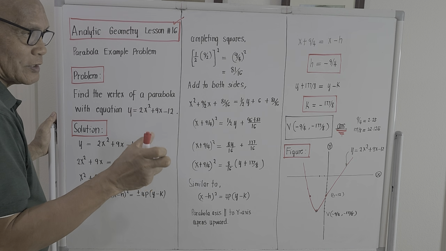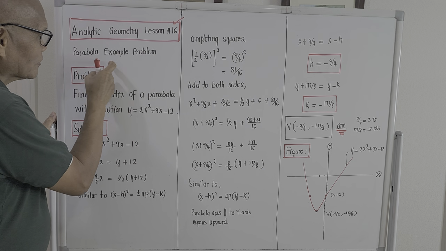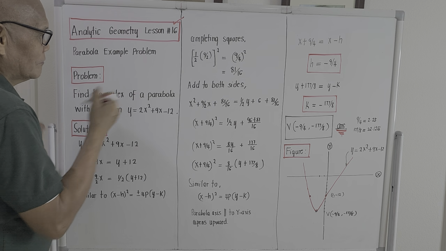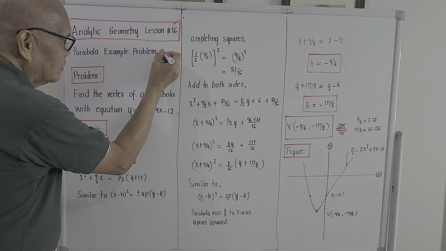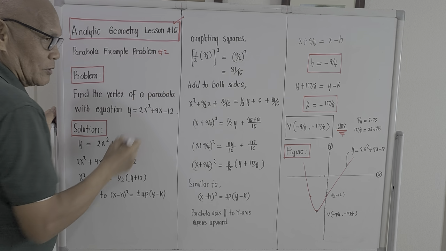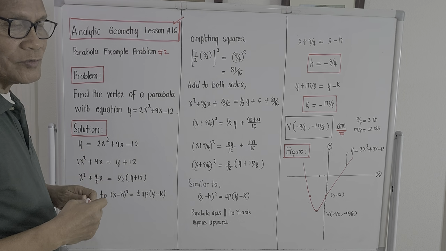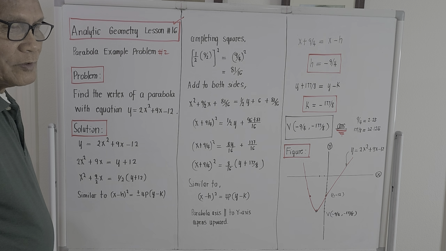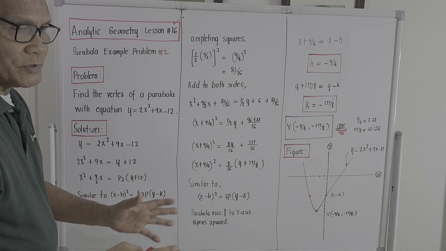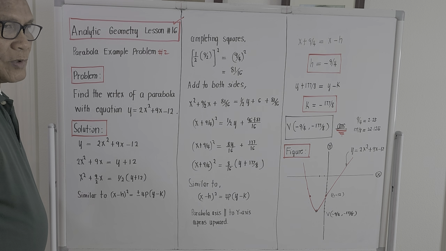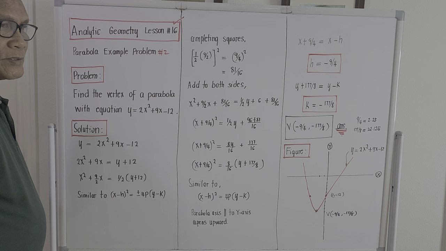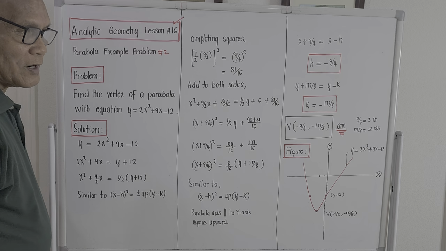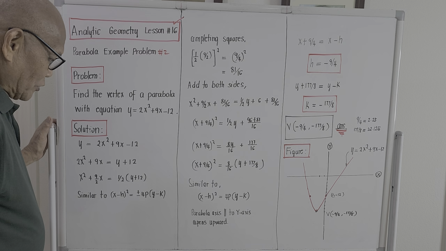This will be the second example problem, parabola example problem, number 2 now. Because the last time around, lesson number 16, it was still an example problem on parabola, but this involves transmission lines. Transmission lines act like a parabola. Okay, let's proceed.